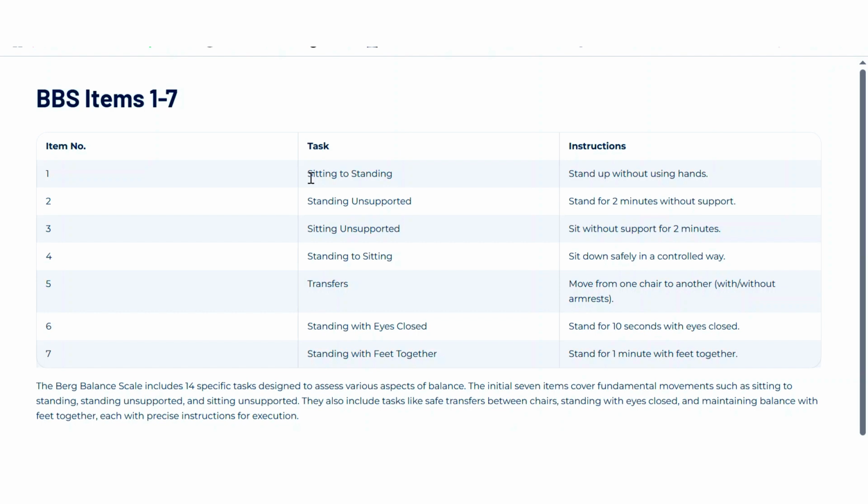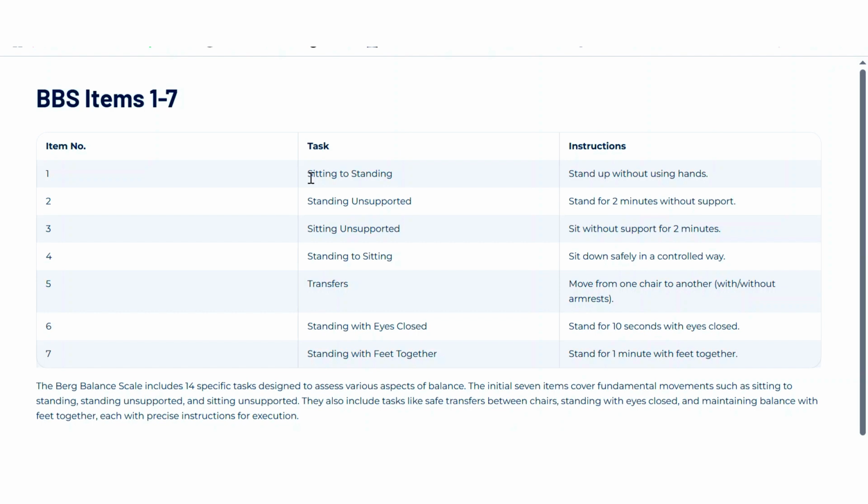That means you cannot touch your hands to any part of the chair, or to any of the objects in front of you or anywhere. You can just put your hands on your chest, so you cannot touch anything, and just stand up without using your hands. This is the basic instruction you are going to give to the patient. A very easy way: sit to stand.